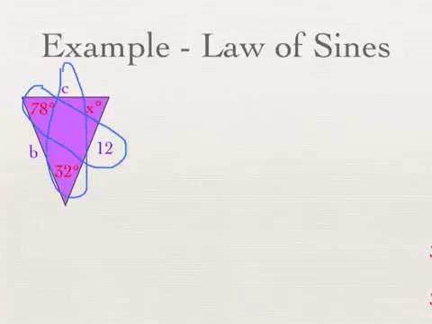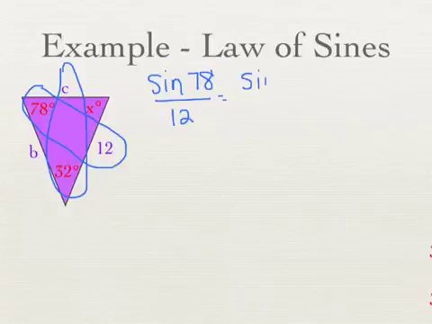So I could use those two sets to make a proportion. And I'm going to set that up like this. I'm going to say sine of 78 over 12 would be equal to sine of 32 over C. Everyone okay with that setup?